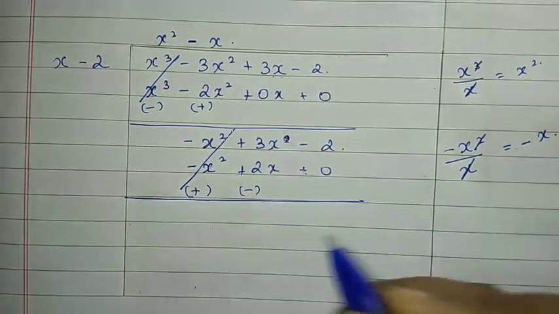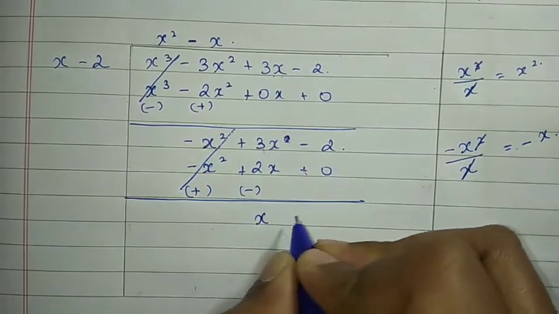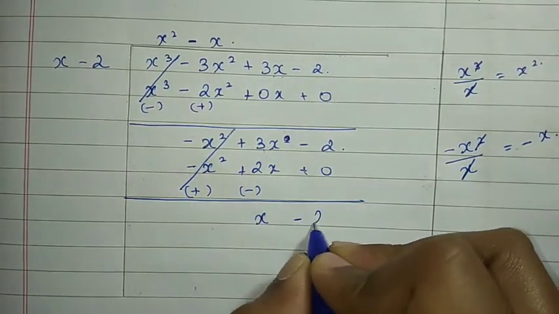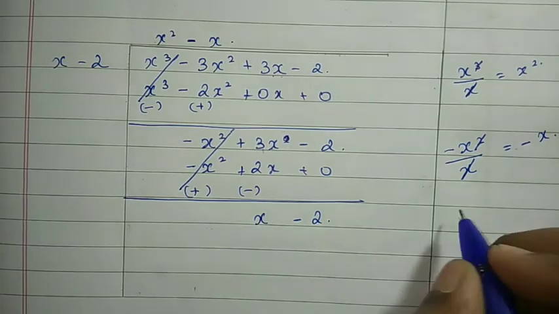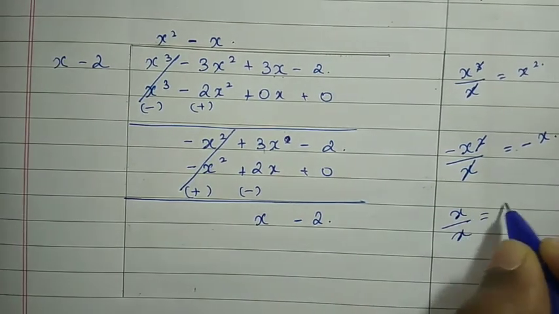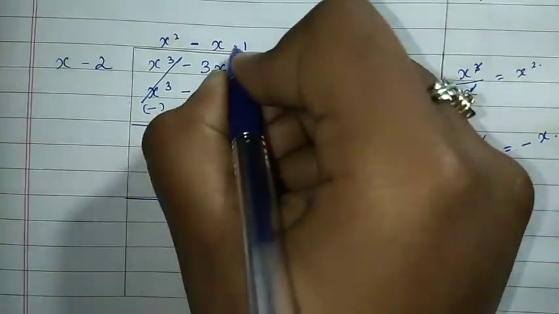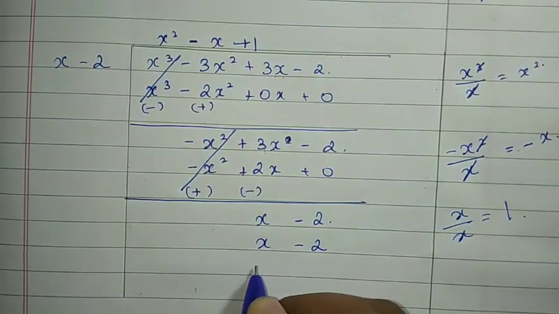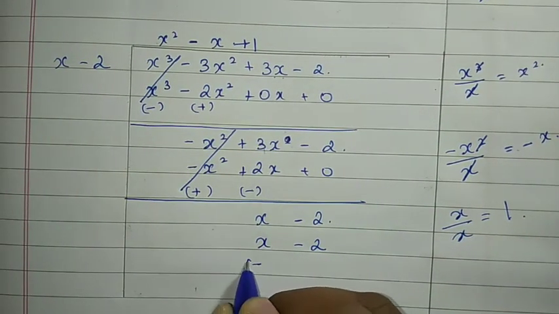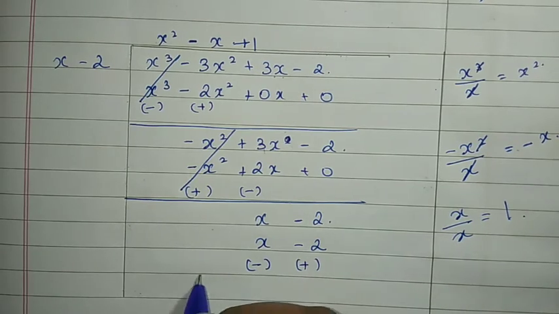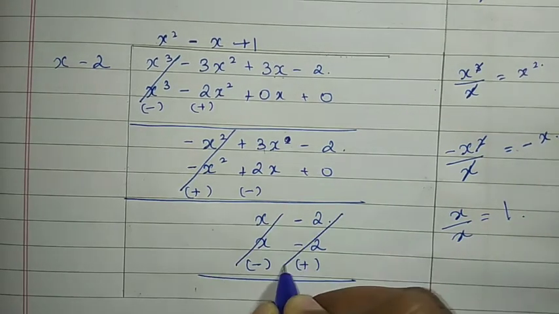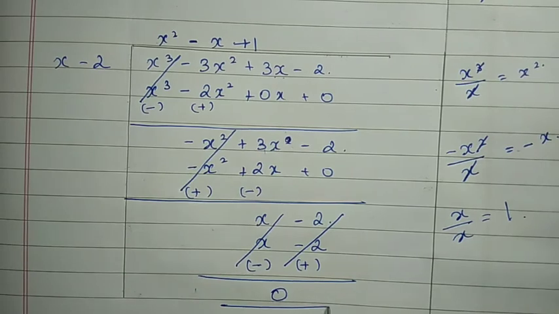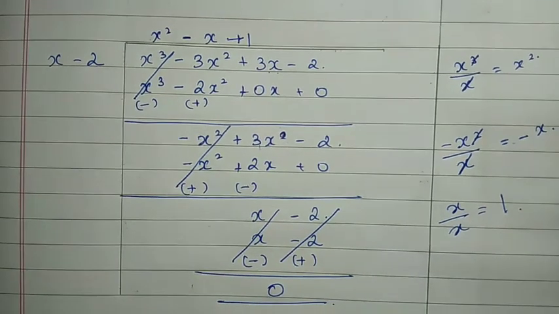So this will get cancelled and I will have x here minus 2. Now I have x over here and x is here, so 1. So I have to add 1 over here, so x minus 2. I will change the sign, minus plus. So this will get cancelled, even this will get cancelled. So therefore 0 is the answer.